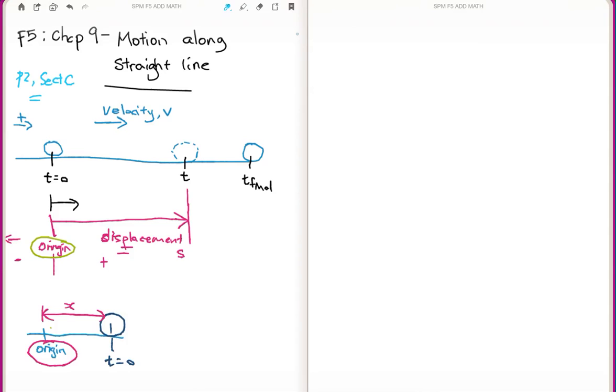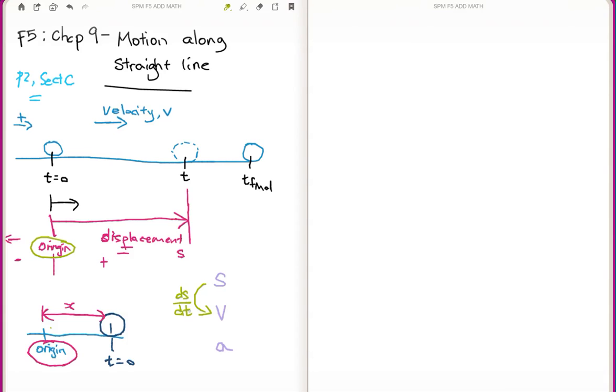Normally, before getting to an example, there are 3 terms here, as I've earlier shown you. First is the displacement S, then velocity, and then acceleration A. In physics we have learned velocity is defined as the rate of change of displacement, therefore it's ds over dt.